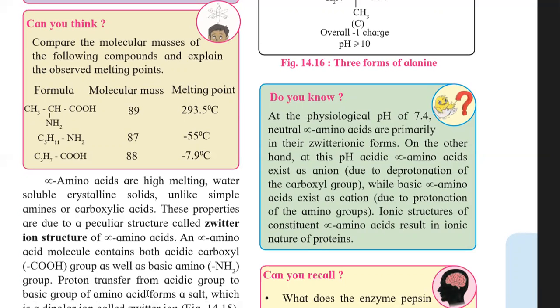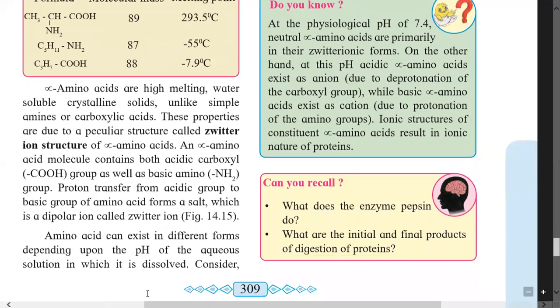So these are the properties of alpha amino acids. These properties are due to a peculiar structure called the Zwitter ion structure. So we will study now the Zwitter ion structure of alpha amino acid.